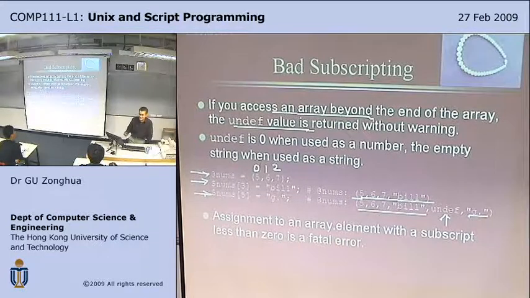While Perl silently allocates memory behind your back and allows you to do this. So assignment to an array element with a subscript less than 0 is a fatal error. If you say nums minus 1, then it gives you a fatal error.